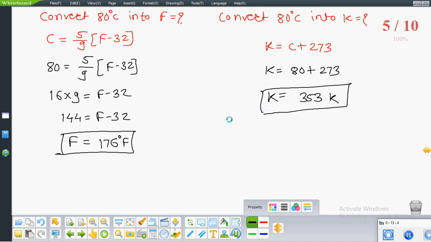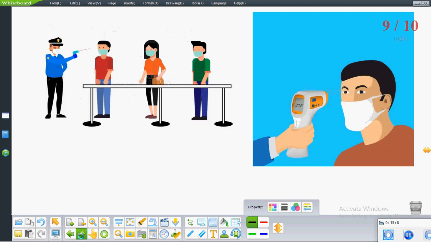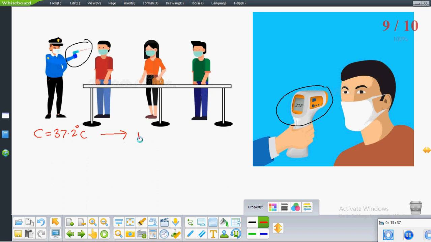Now let's take a live example. This is a man doing a thermal screening of people. The first reading he got with the help of a thermistor is 37.2 degrees centigrade. So convert it into Fahrenheit, right?